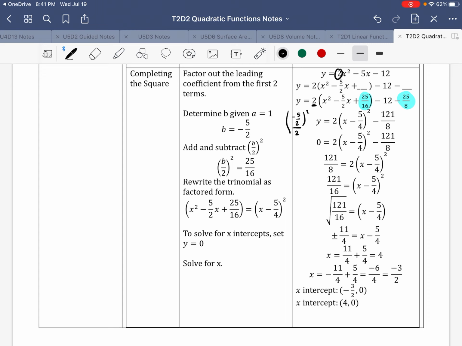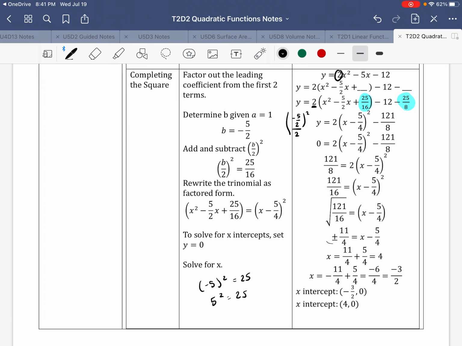In order to get our x-intercepts, we set y equal to 0. Then I'm going to add the 121 over 8 to both sides, then divide by 2 and find the square root. Again, our plus and minus is necessary because -5 quantity squared equals 25, just like 5 squared equals 25.